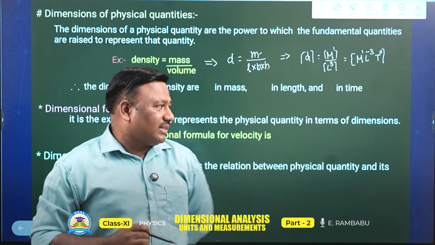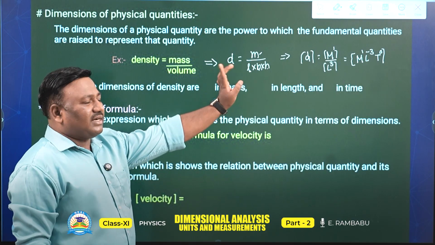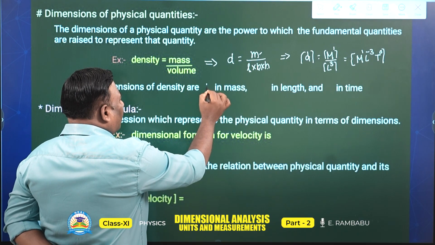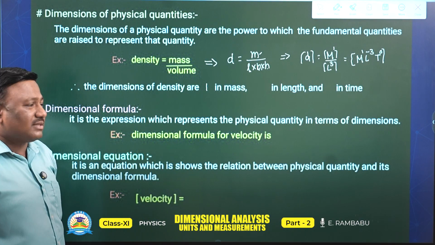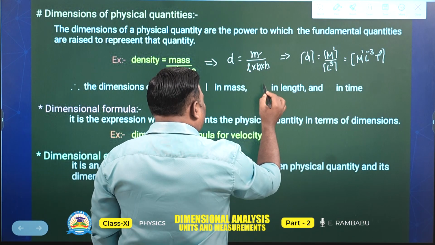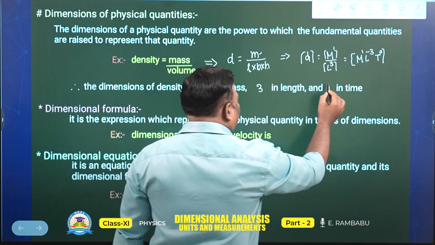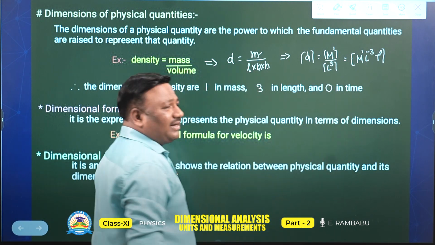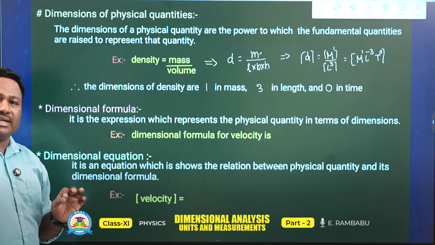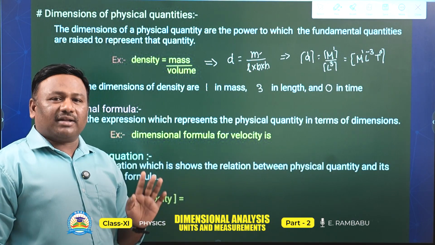The dimensions of density are 1 in mass, minus 3 in length, and 0 in time. So the meaning of that is, dimensions of a physical quantity are nothing but how many times we are using those fundamental quantities.